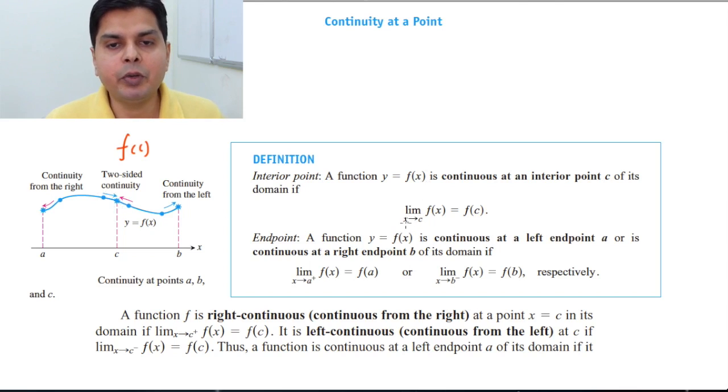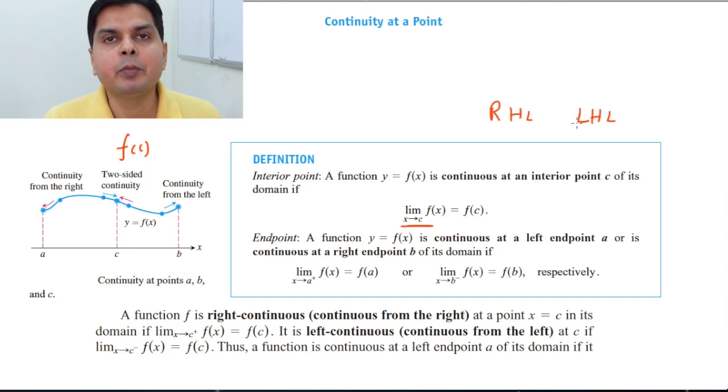Now for the limit to exist, we had seen in the previous lecture that the limit of a function will exist at a point if and only if the right hand limit and left hand limit both exist and both are equal, that is, limit x tends to c plus, the right hand limit of f(x), is equal to limit x tends to c minus, the left hand limit.